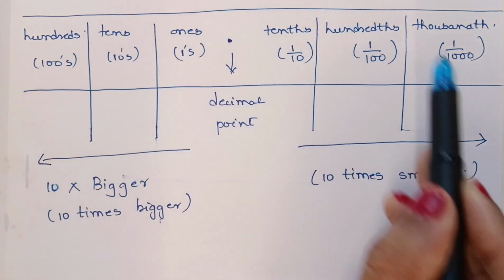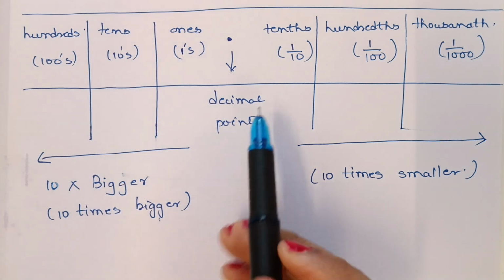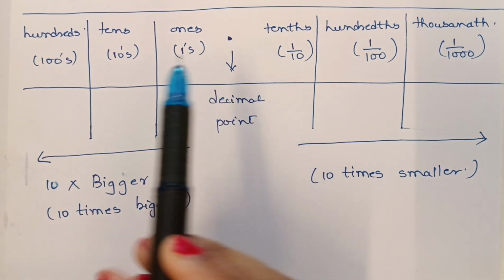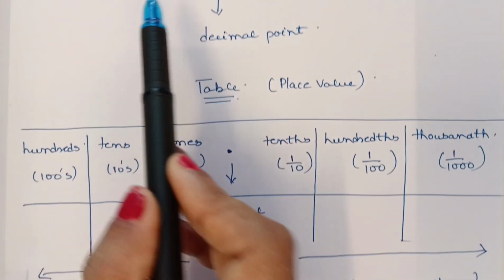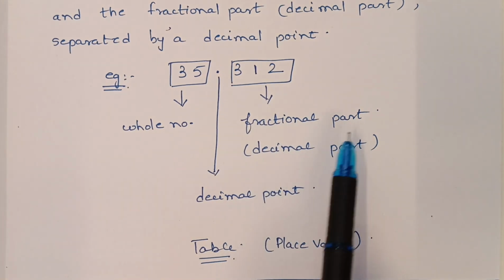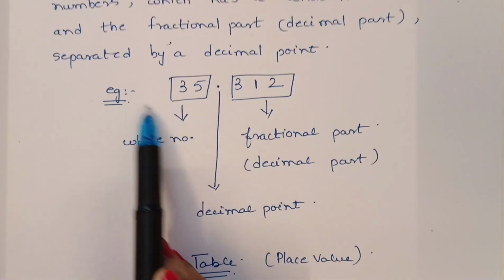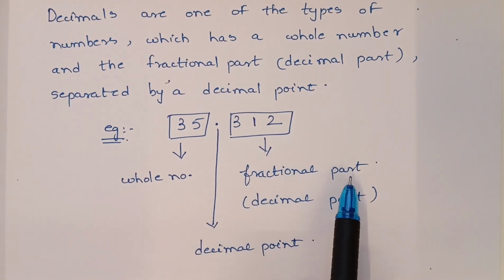So this particular table one should remember to understand the two types of numbers. One is what? The whole number. The other one is what? The fractional part. The fractional part is also called as decimal part. So the whole number is what? 35, and the decimal part or the fractional part.